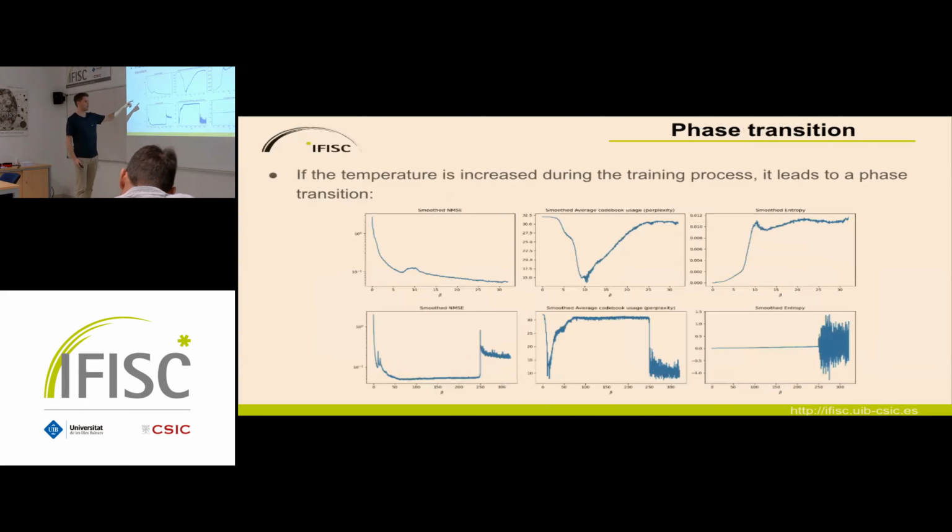Here we see also a phase transition. If we increase the beta parameter during training, the phase transition usually is around beta equals 8, and we can see it for any increase in beta. And what I did also is to keep increasing the beta to 330.